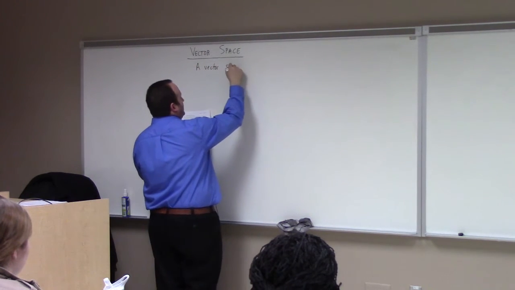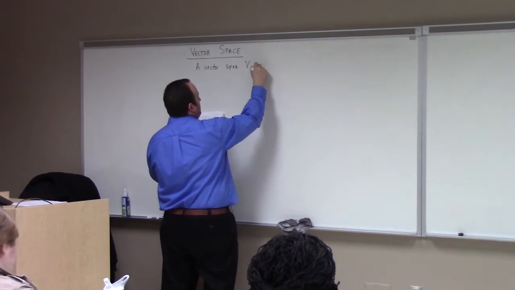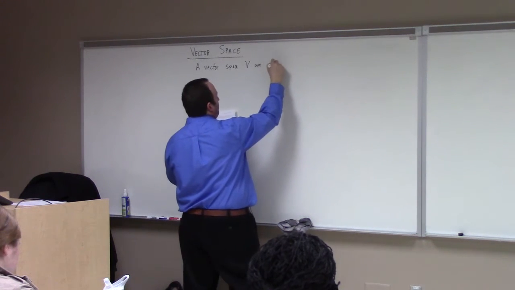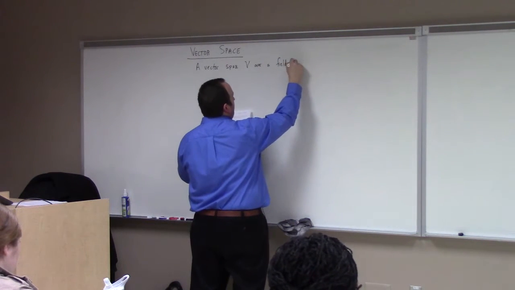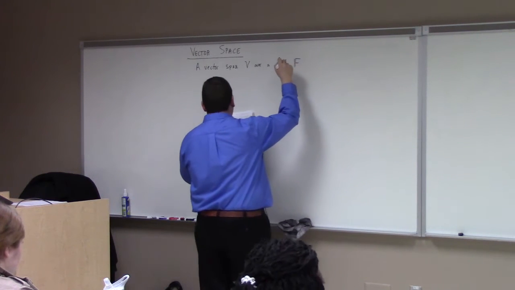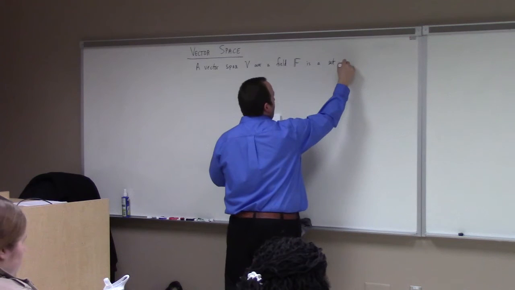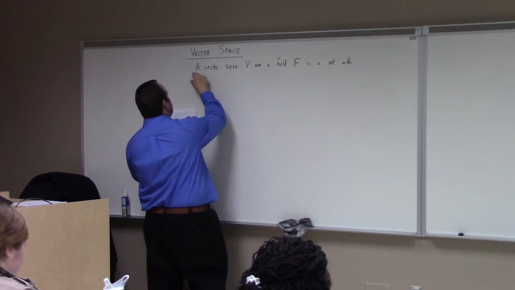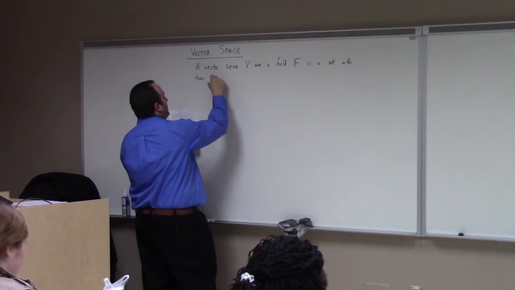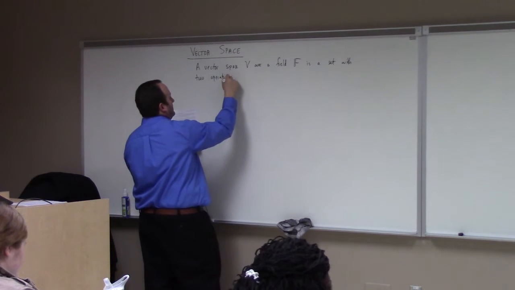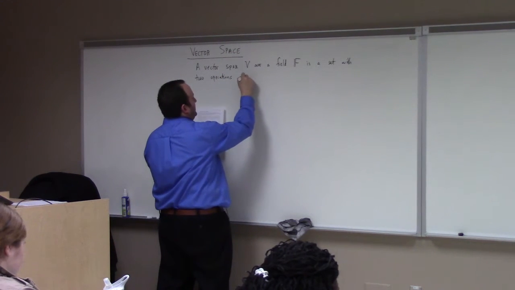A vector space V over a field F is a set with two operations, and I'll use some notation. One will be totally unsurprising.